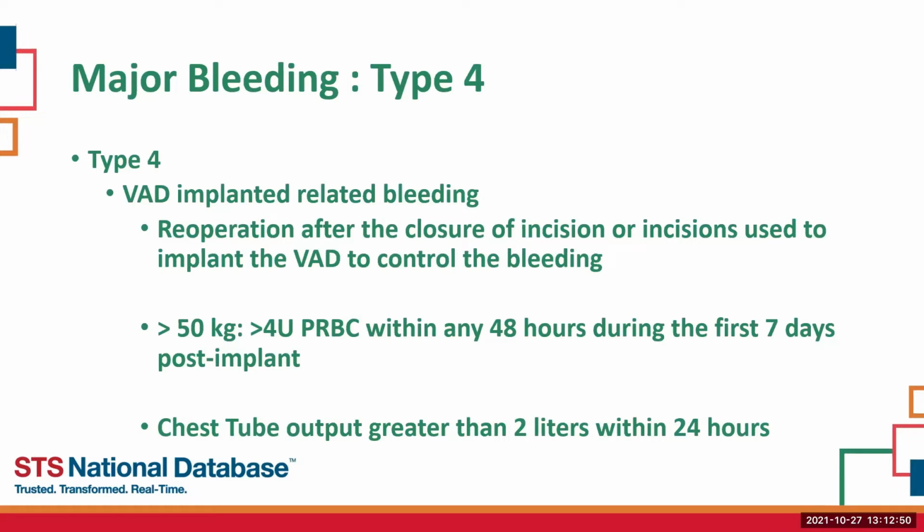So that's important. It's that first 7 days, if they receive greater than 4 units, and it's related to the VAD implant. Or if the chest tube has output greater than 2 liters within 24 hours.